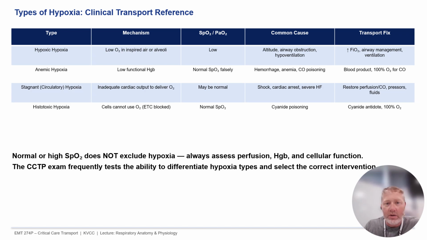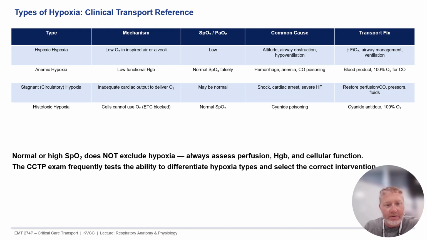The treatment is the specific antidote for whatever poisoning there is. So the SpO2 in cases of histotoxic hypoxia is often normal or elevated, a clue that something is blocking the cellular respiration downstream.